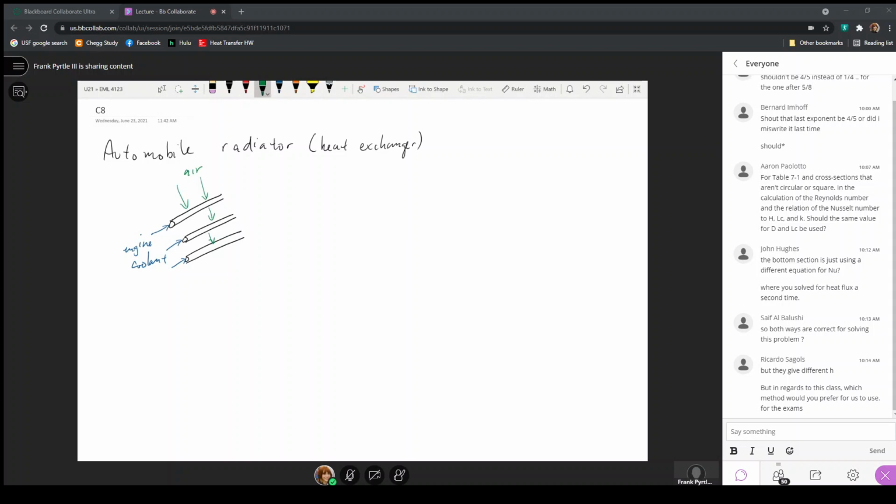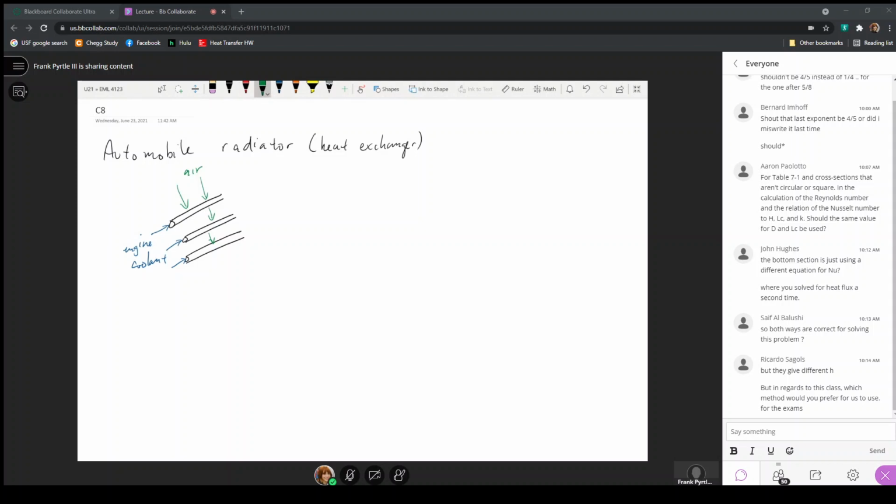So chapter 8 is a coverage of what is called internal forced convection. We're pushing the fluid through a confined space, which would be a duct, a pipe, a tube, and the heat transfer that occurs between that fluid and the inside of the pipe is our internal convection problem. And if you have airflow or some fluid flowing on the outside, that would be an external flow problem.